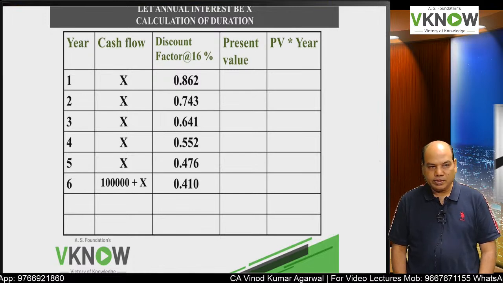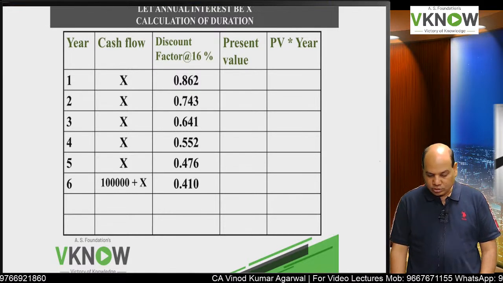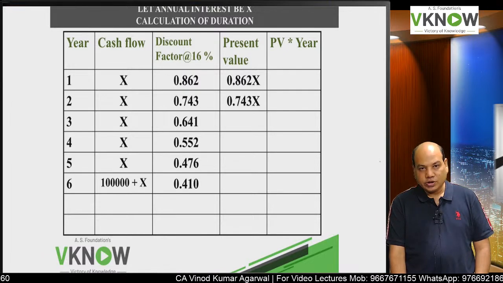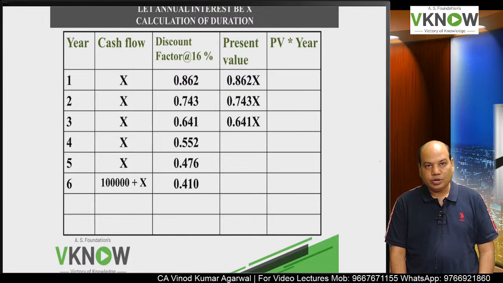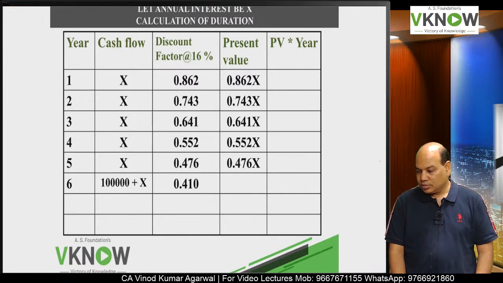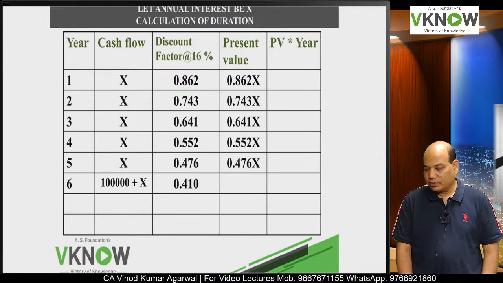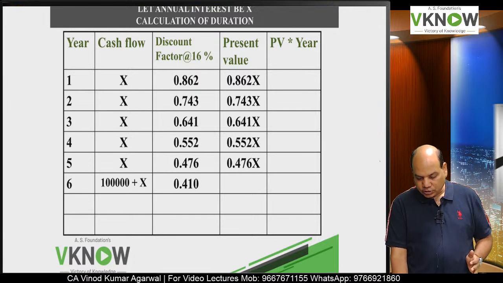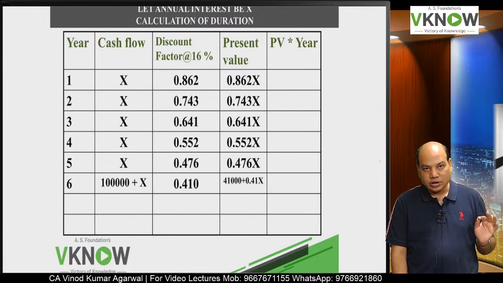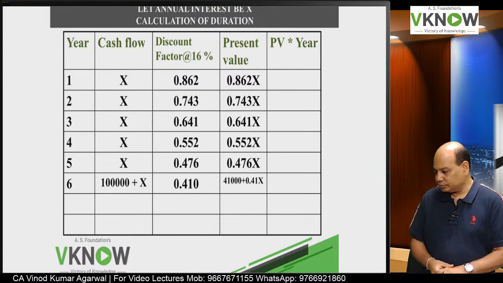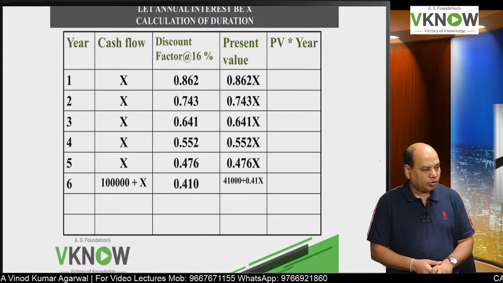Now calculate the present value. So you will write like this: 0.862x, 0.743x, 0.641x, 0.552x, 0.476x, and the last one will be 1 lakh into 0.410 is 41,000 plus 0.41x. Up to this is right.